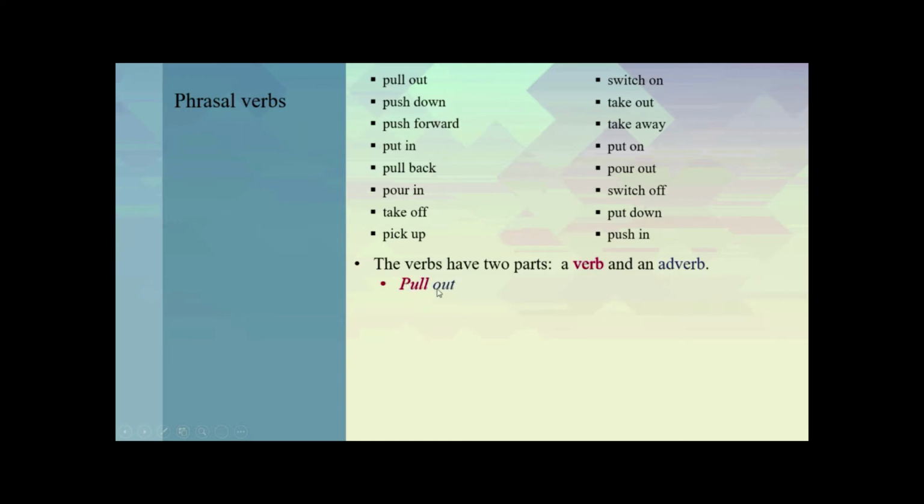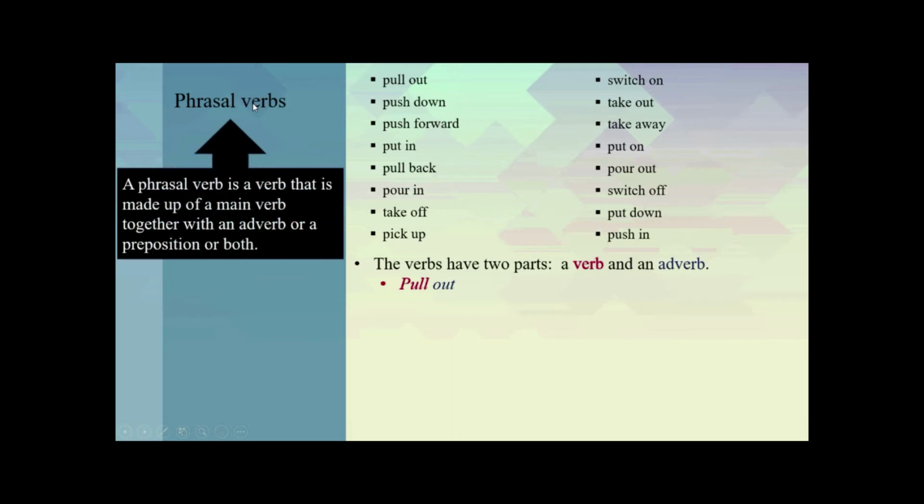Pull is a verb and out is an adverb. They are called phrasal verbs. A phrasal verb is a verb that is made up of a main verb together with an adverb or a preposition or both. In our case, we have verbs and adverbs. Great.